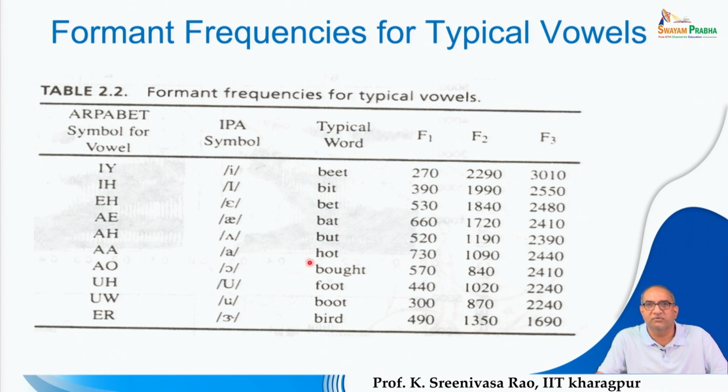For us in the Indian context, since our mother tongue is from India, we don't have these two specific vowels, we have only a. Therefore we speak the vowel in hot and bought almost the same. But native English speakers can show the difference between the pronunciation of hot and bought, and then foot, boot, and then bird.